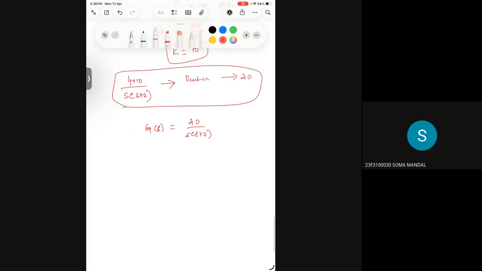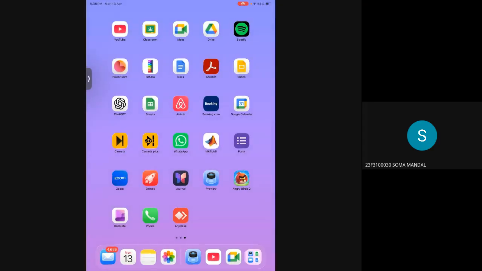So now I'm going to see if I have enough phase margin and gain margin. I will switch to my laptop.